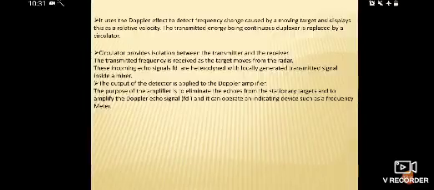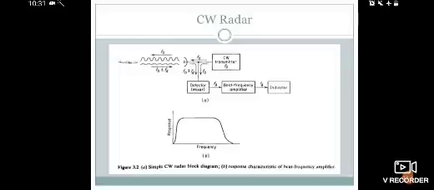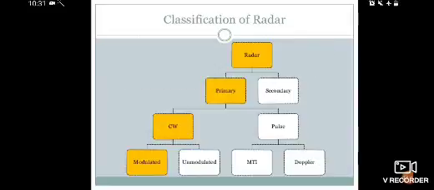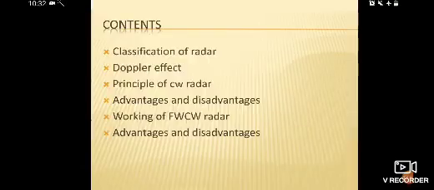Okay, you can observe that the drawbacks of the simple block diagram of CW radar and the modified CW radar are the same, and the advantages are also the same. In the classification, under the secondary part, I have not shown any type of radar, because it is mainly used for special applications. So we don't have any classification under the secondary type.